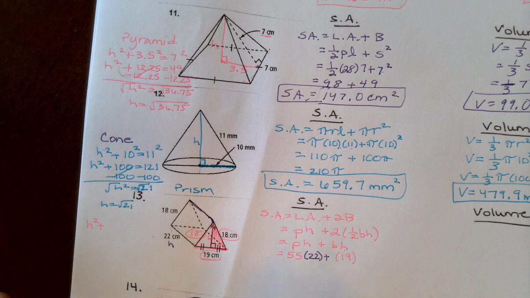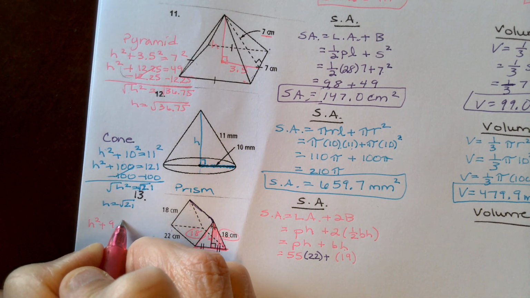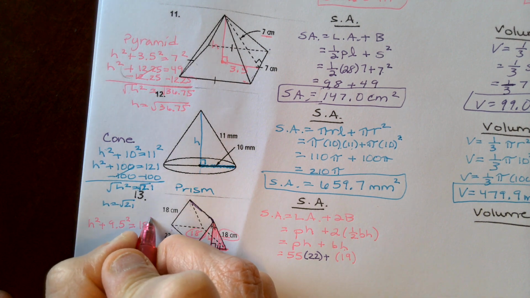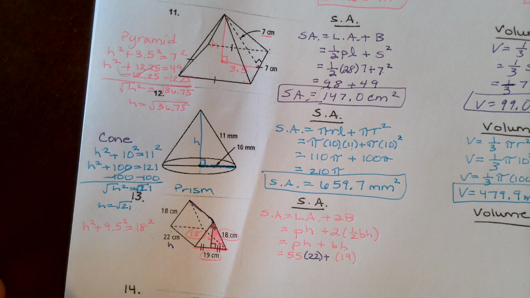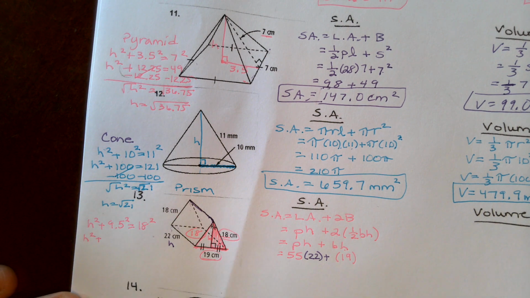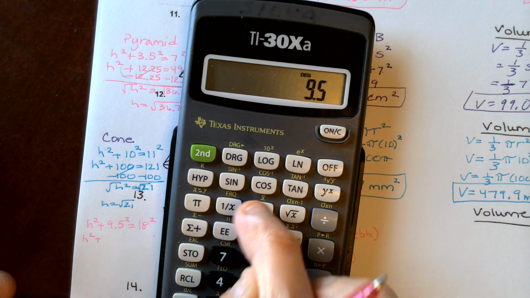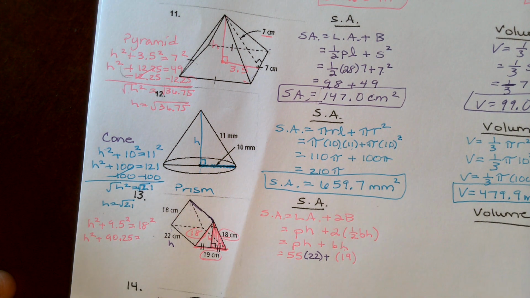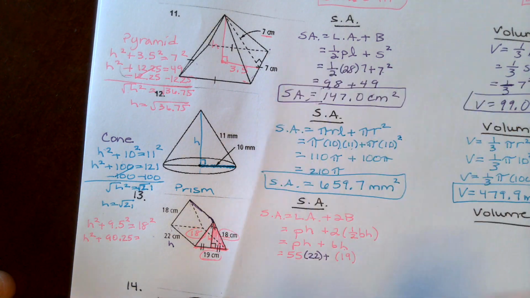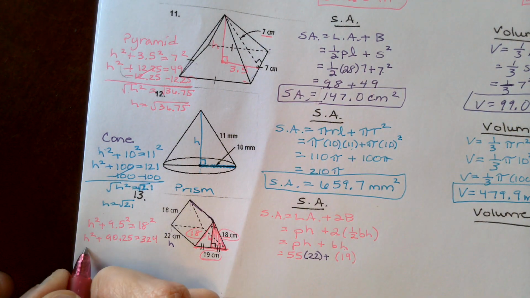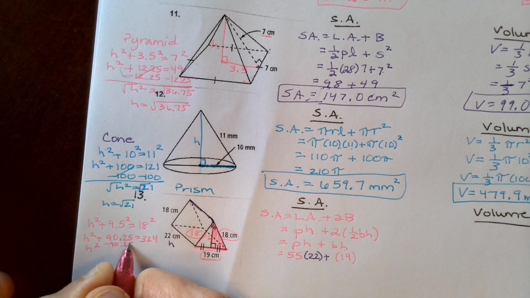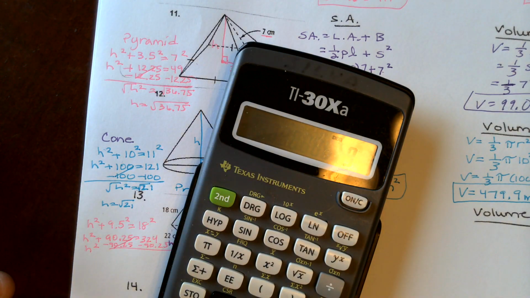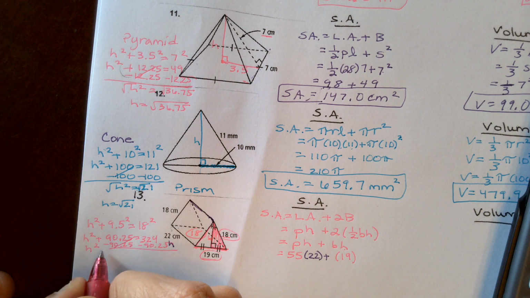Anyway, sorry, distracted. Okay, half of 19 is 9.5 squared, plus height squared, equals the hypotenuse, which is 18 squared. And then we just need to solve. So 9.5 squared is 90.25. 18 squared is 324. h squared, subtract the 90.25 from both sides. 233.75.